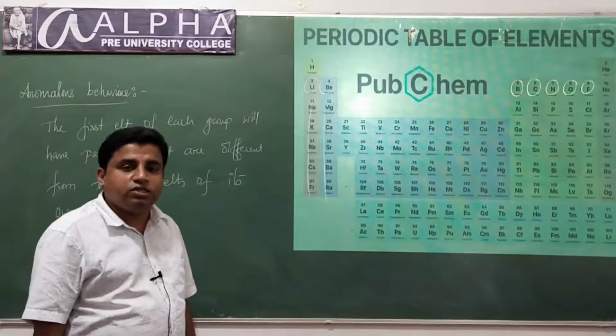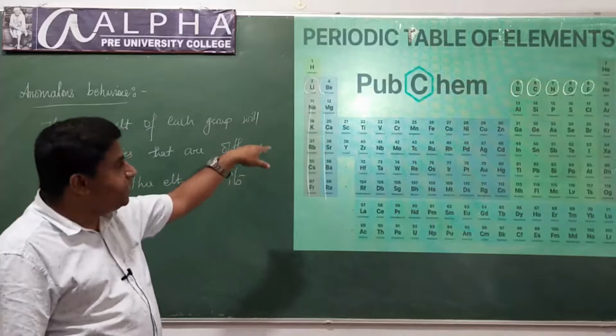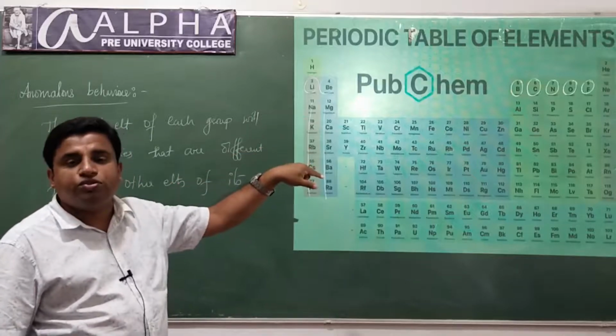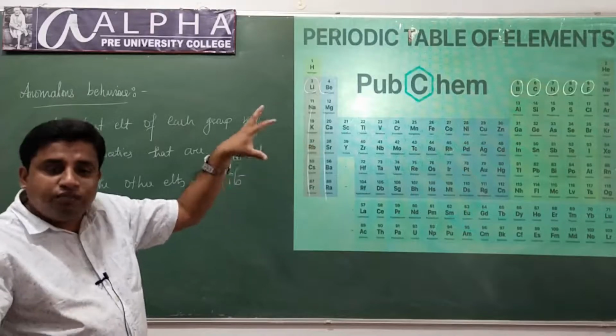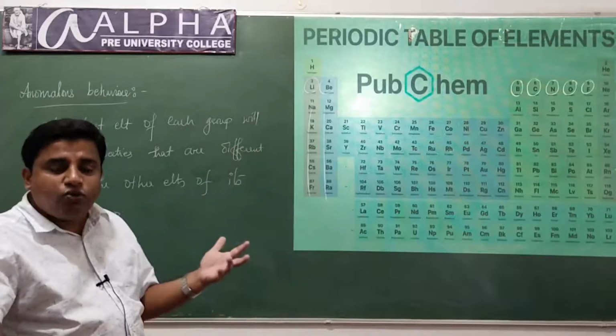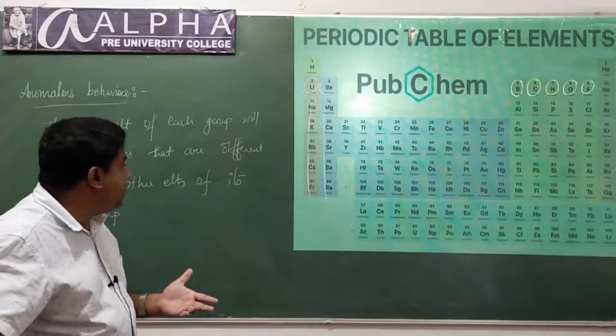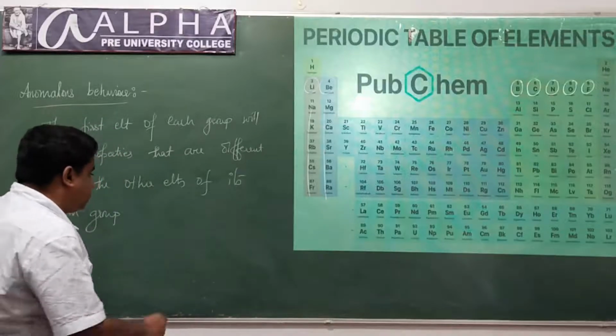Now the question is, why is lithium different, why is beryllium different, why does boron show different properties? Like that, why do carbon, nitrogen, oxygen, fluorine show different properties? Why do they exhibit anomalous behavior? What is the reason for anomalous behavior?